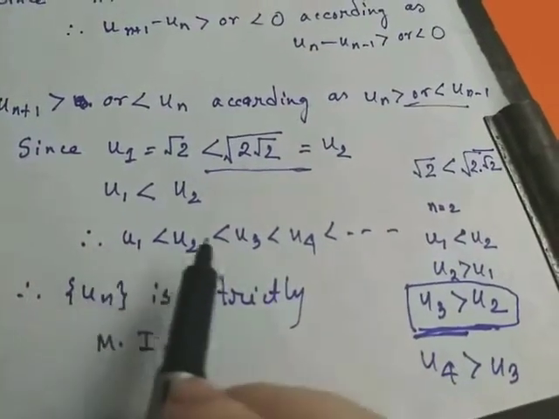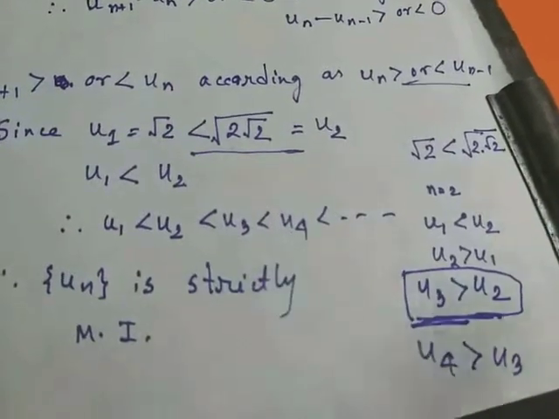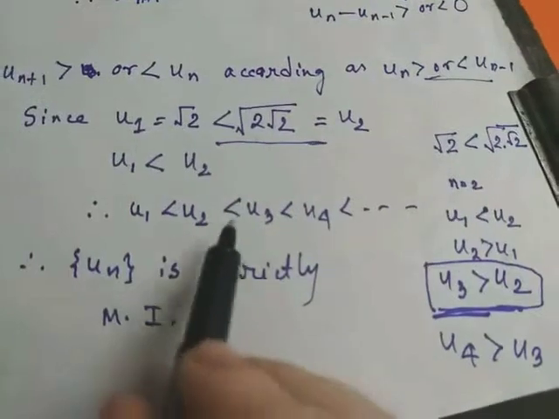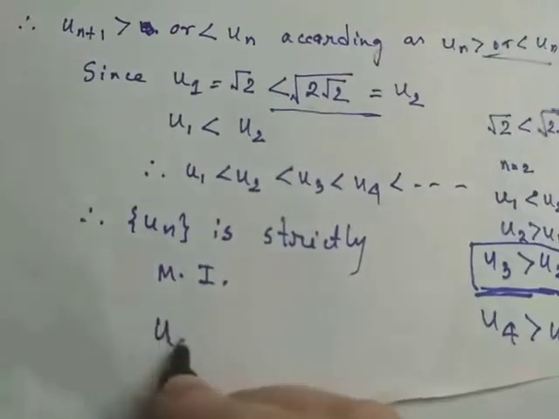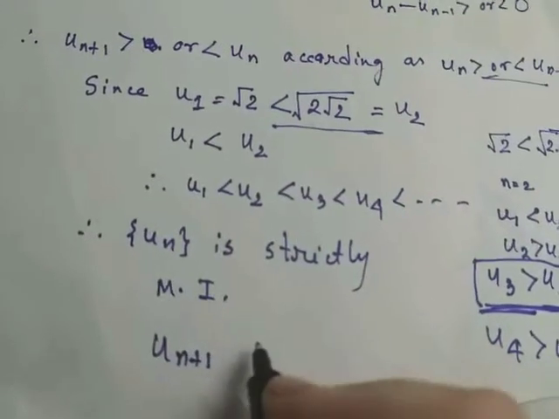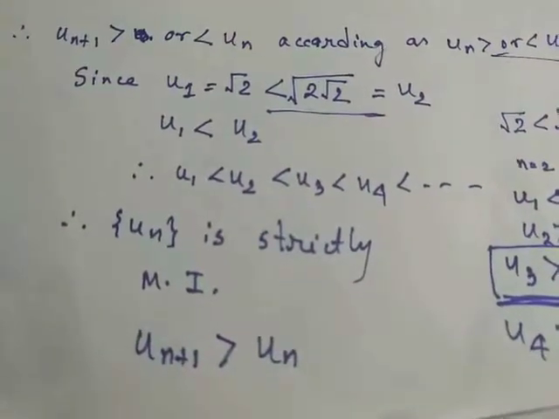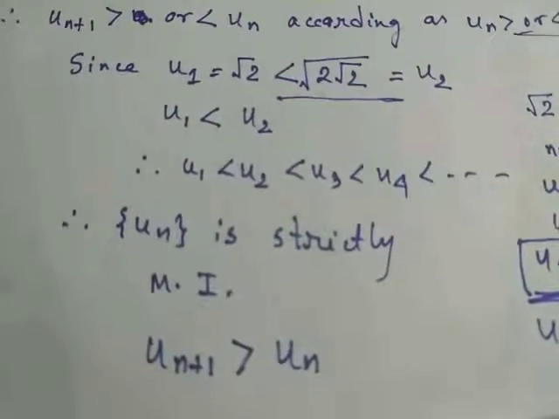Continuing this process we get u1 less than u2 less than u3 less than u4 and so on. Therefore the sequence un is strictly monotonically increasing. So we get un+1 greater than un, because the sequence un is strictly monotonically increasing.